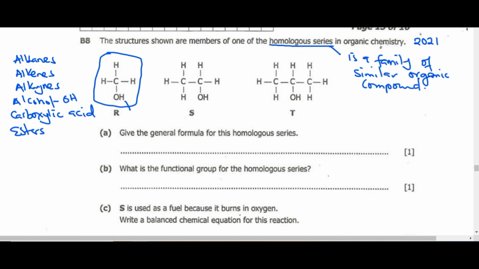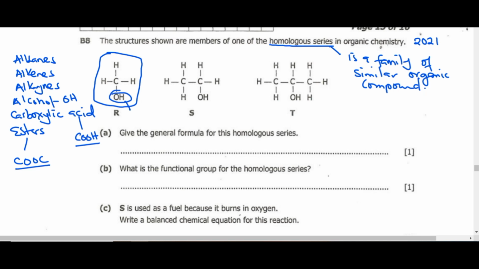Carboxylic acid ends with this, which has two elements of oxygen, and then we have hydrogen there. An ester has carbon at the end. The difference is that on carboxylic acid we have hydrogen there, and on ester we have carbon at the end.